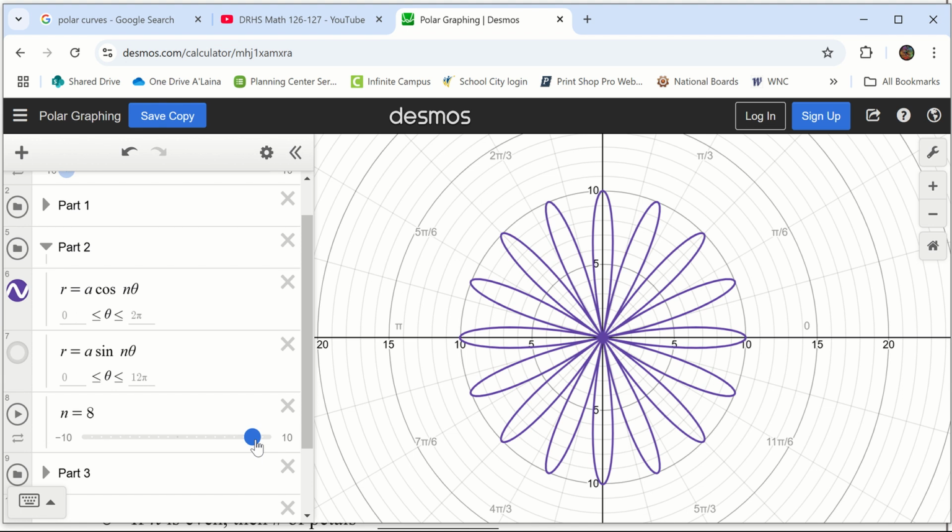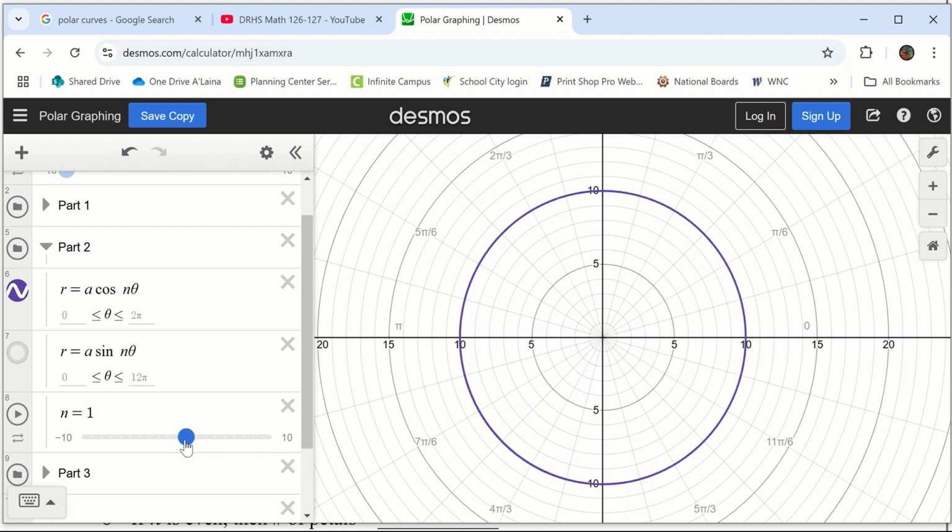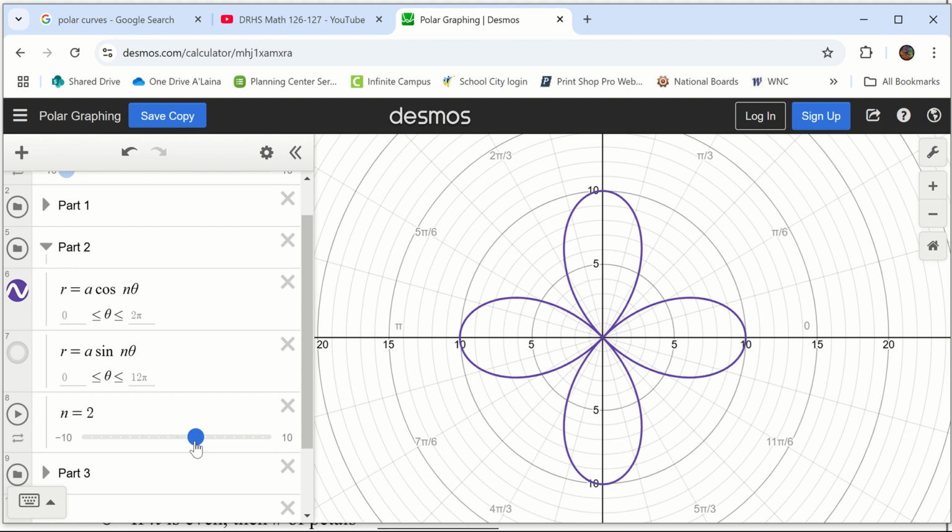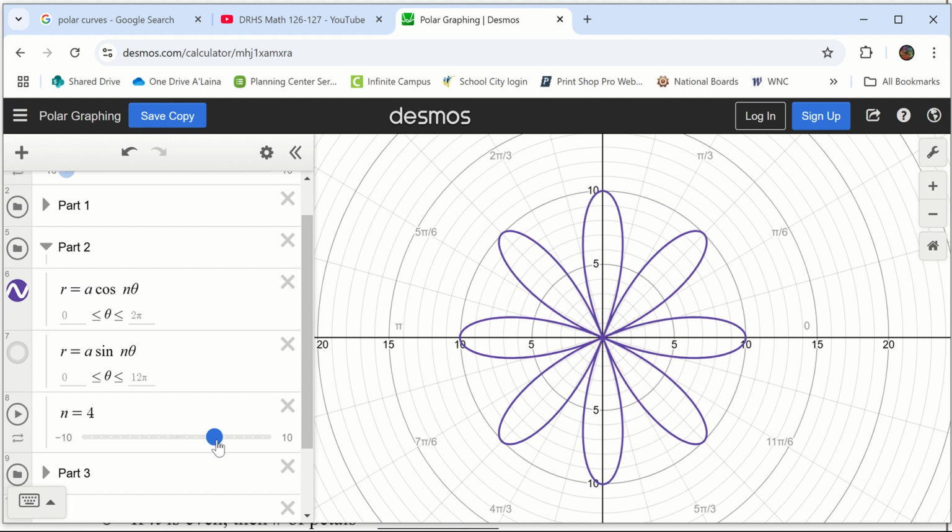Interesting. Something else I want you to notice, remember this one's a cosine graph. No matter how many petals we have on this, at least one of them is always going to be centered along the x-axis. Maybe the positive side, but maybe the negative side. Along the x-axis, you're always going to have at least one petal.